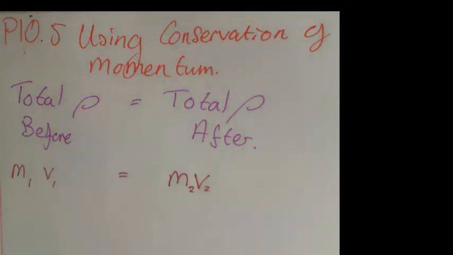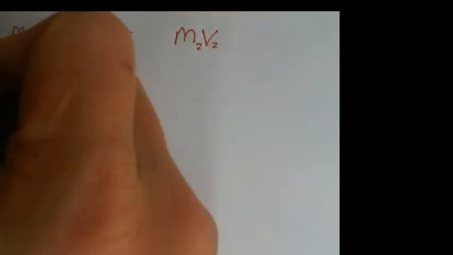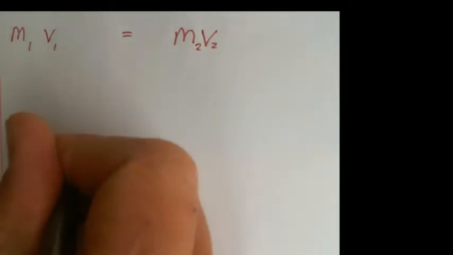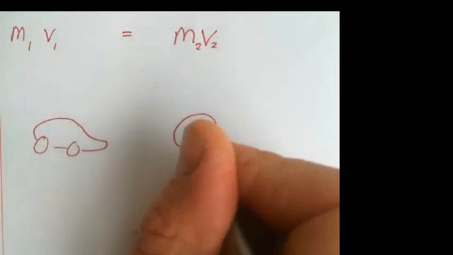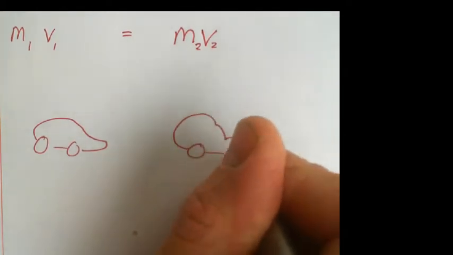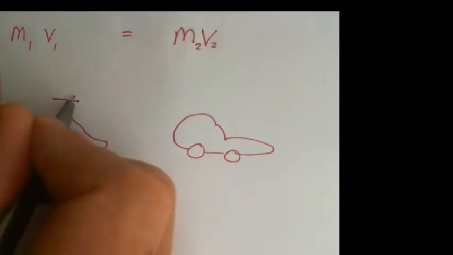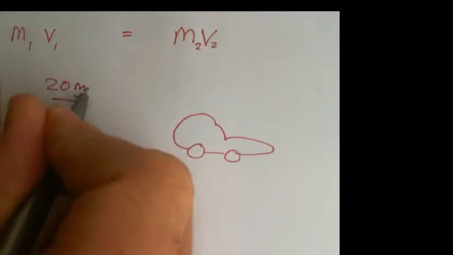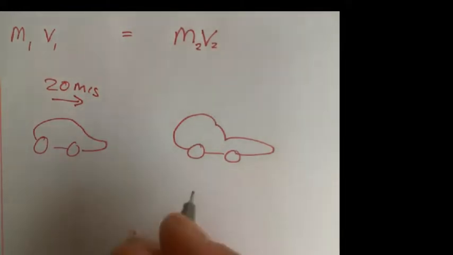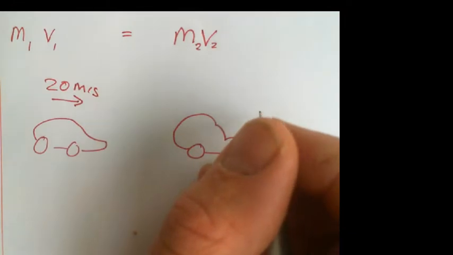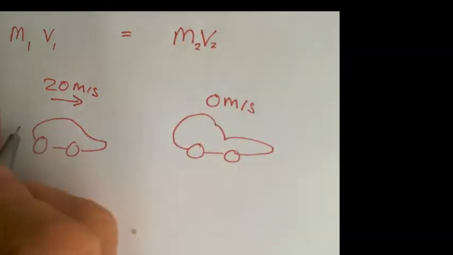Okay, so let's go for an example and then it will all make sense. Let's say that I have a car, and my car hits another car. This car is travelling at 20 meters per second, and this car is not travelling at all, it's stationary, so it's got 0 meters per second.